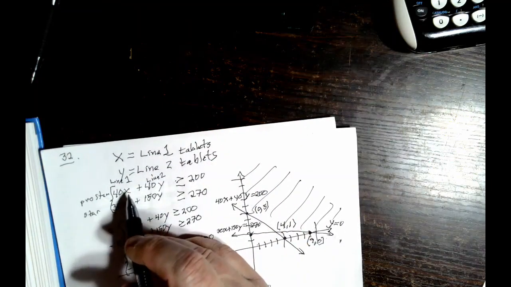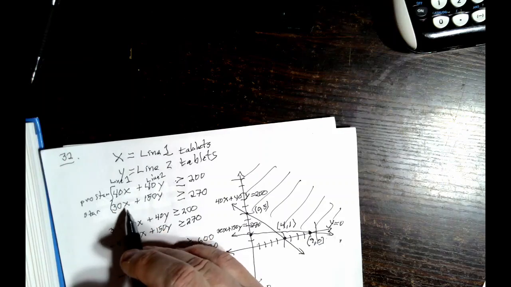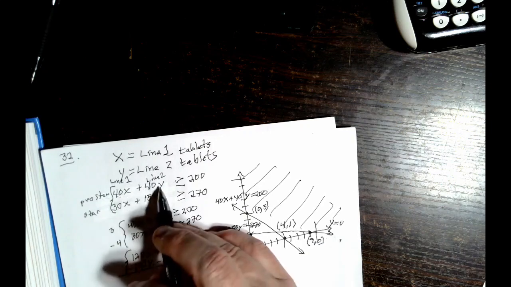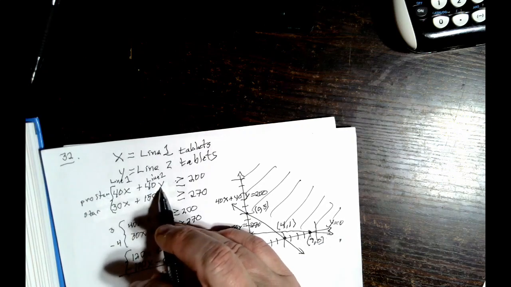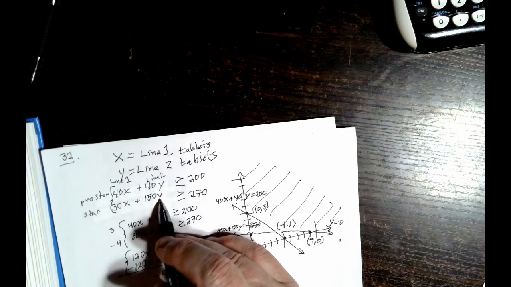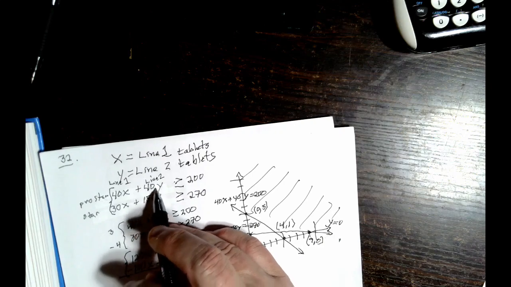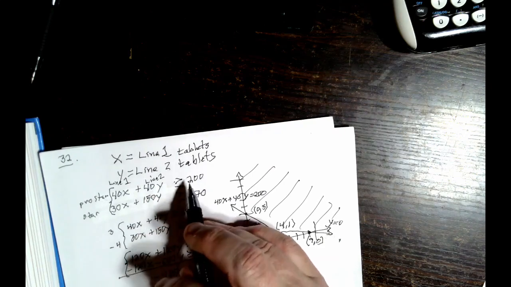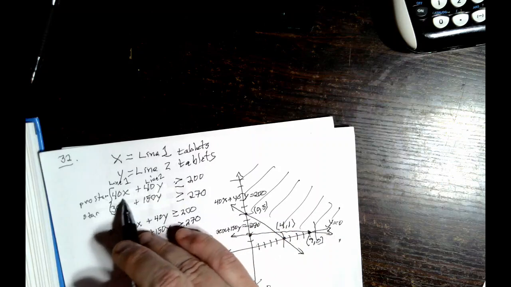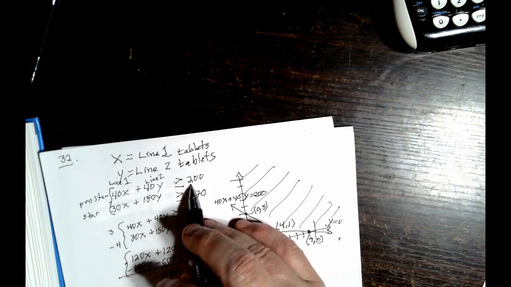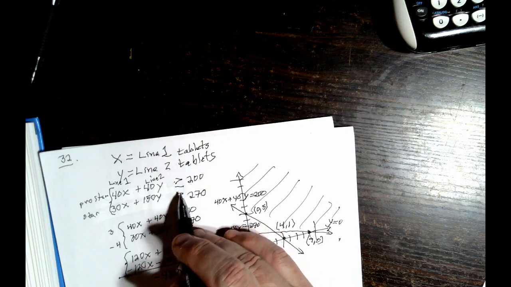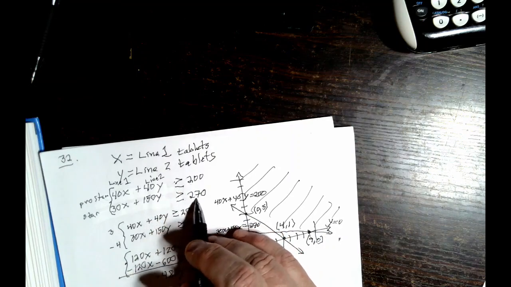Okay, so line 1, you've got 30 units of Star and 40 units of ProStar. And for line 2, you've got 150 units of Star and 40 units of ProStar. And so this is the ProStar. It's going to be 200 units or more, and this one is 270 units or more.